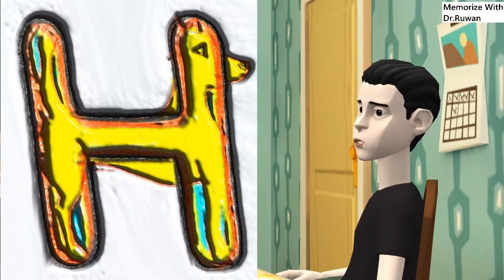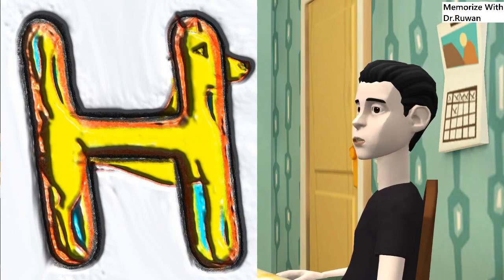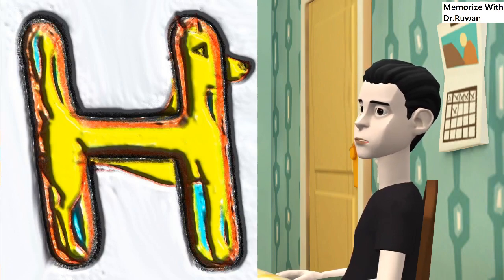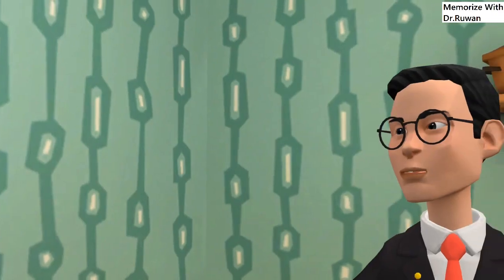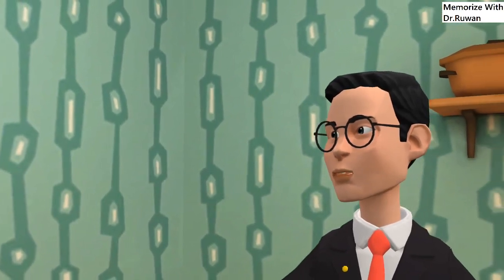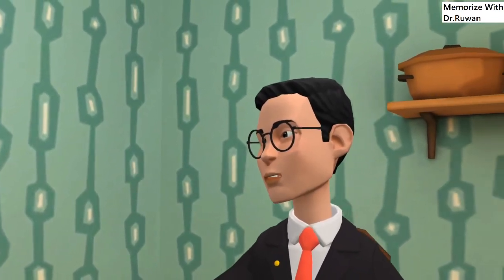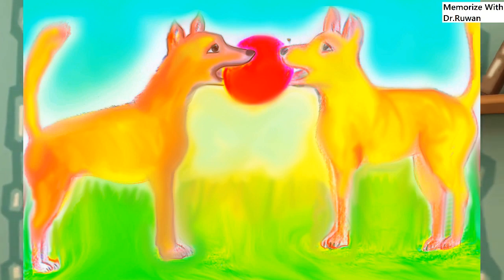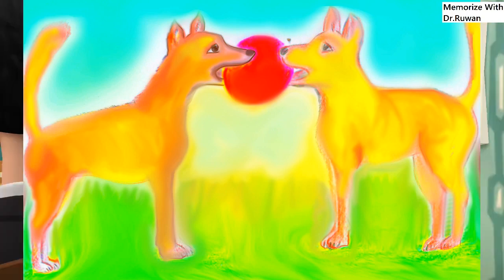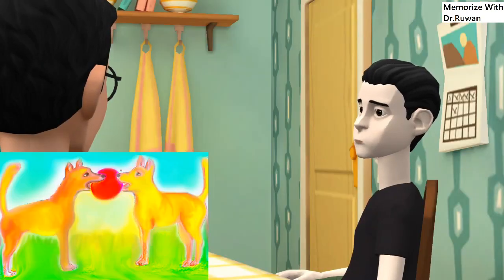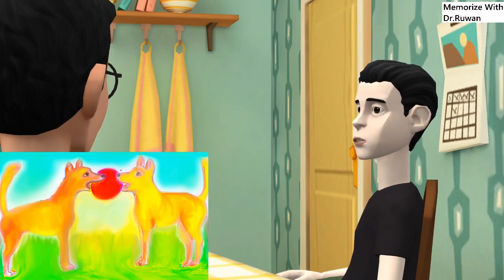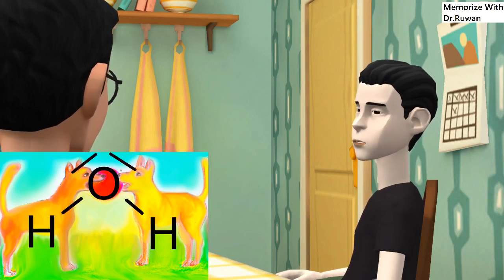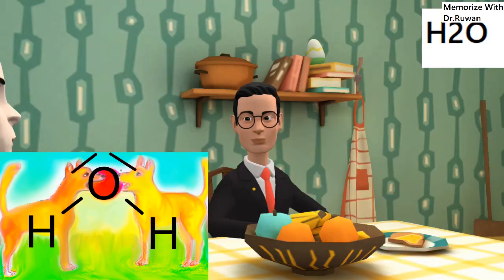Dogs look like the letter H, so they must represent hydrogen atoms. Now, you can guess what it means when 2 dogs are eating 1 bun. Yes, that means 2 hydrogen atoms and 1 oxygen atom, which makes water.